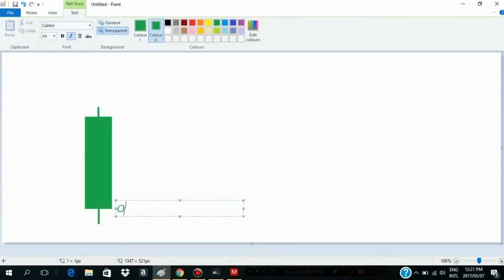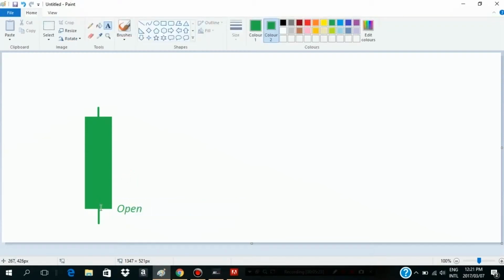Now from the open, your price is going to fluctuate within that 1 minute. It's going to go up and down, up and down. So when it goes down from the open, it will reach this point, the tip of this stick.